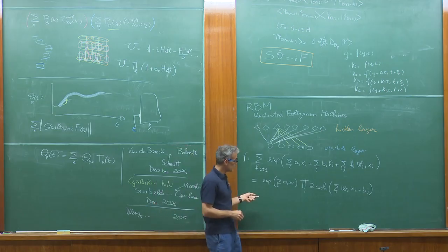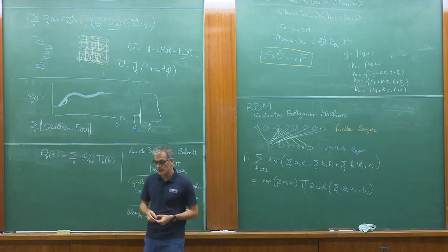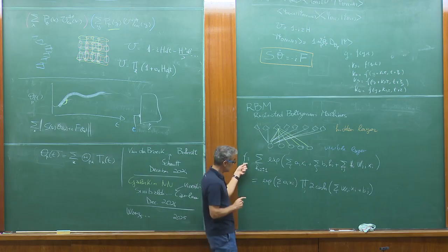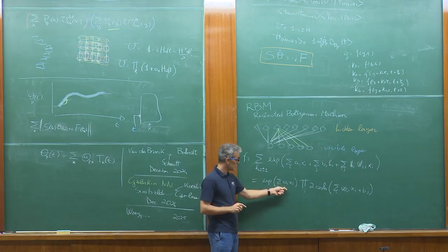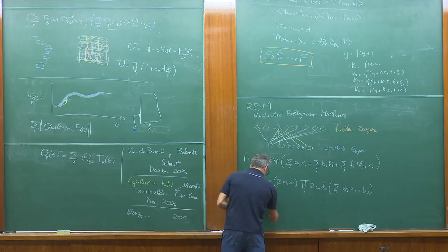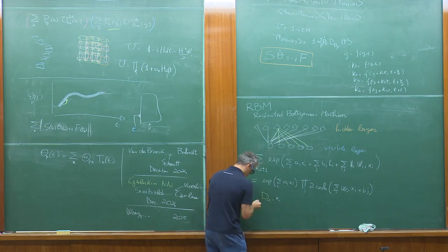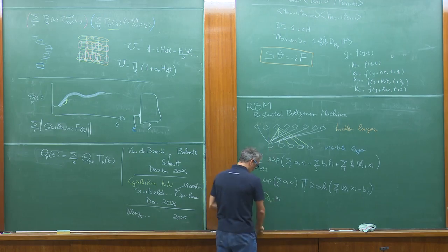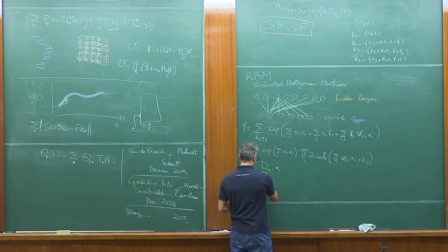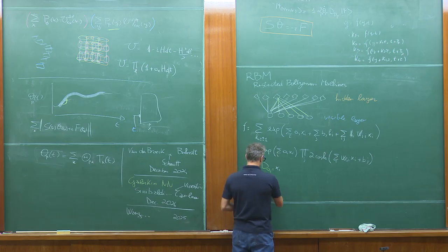Okay, and the other thing that is beautiful about this is that you can compute all the gradients analytically. If I take the derivative of f with respect to ai, it's just xi. Then you can compute the derivative with respect to bj.